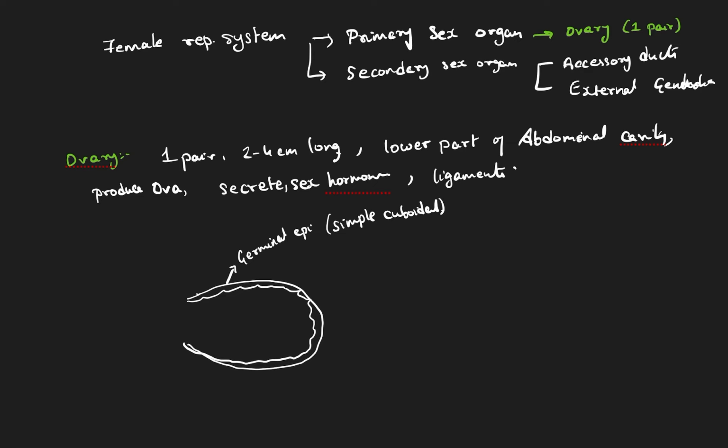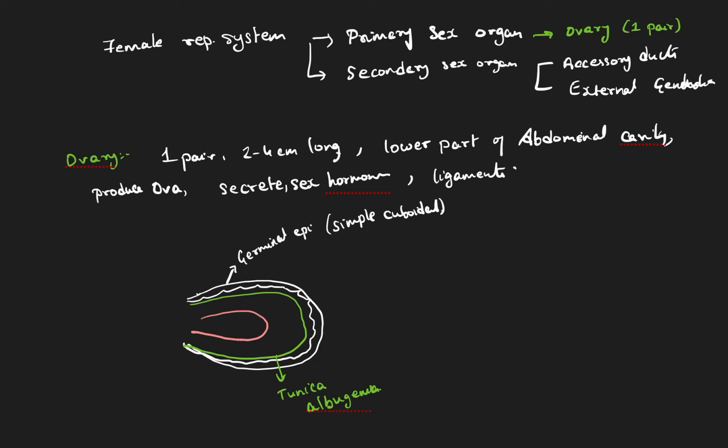And then the green color below here, this portion below it is known as the tunica albuginea. Here there are developing follicles present. Underneath this we have the stroma.